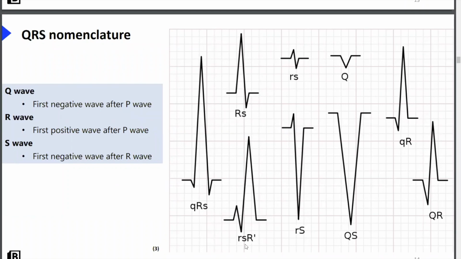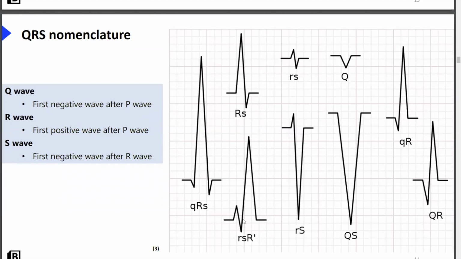But that's why it's really important to understand these different morphologies. And you might be thinking, what does the R dash mean? So small r means that the initial R wave is small, followed by an S wave, which is this negative wave here. And R dash means there's a second R wave, which is this big spike here. And it's in capitals because it's the biggest wave, okay?